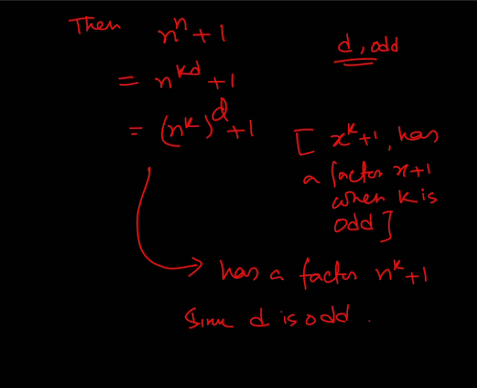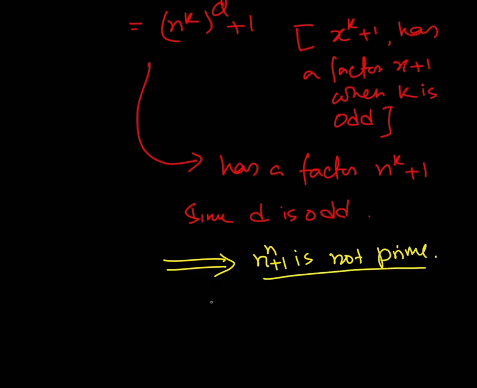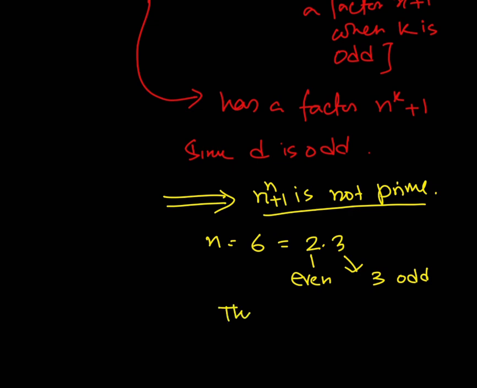So n to the power n plus 1 has a factor, and in this case it is not prime. For example, n equal to 6 means 2 into 3, where 2 is even and 3 is odd. These types of numbers are not prime.